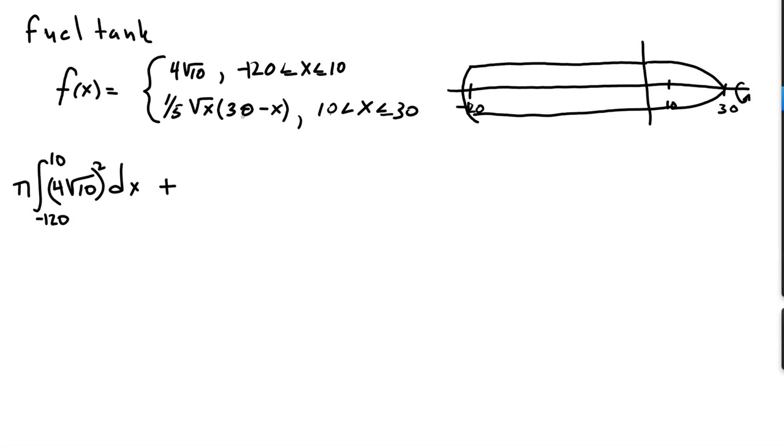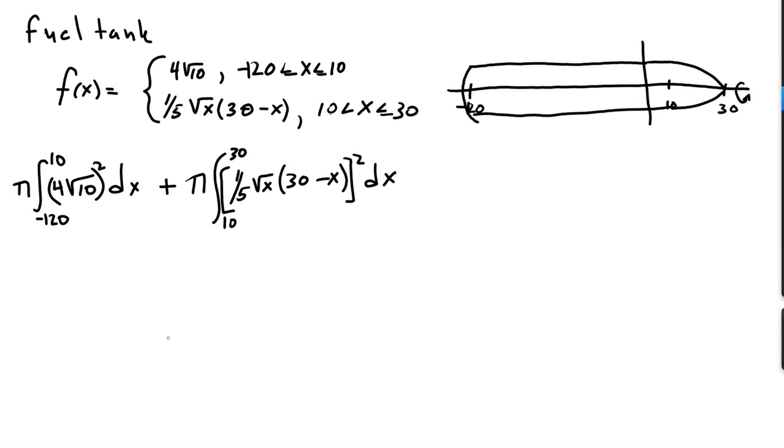Then we have to add to that the second half, which goes from 10 to 30, and that's going to be 1/5 square root of x times 30 minus x, squared, dx.